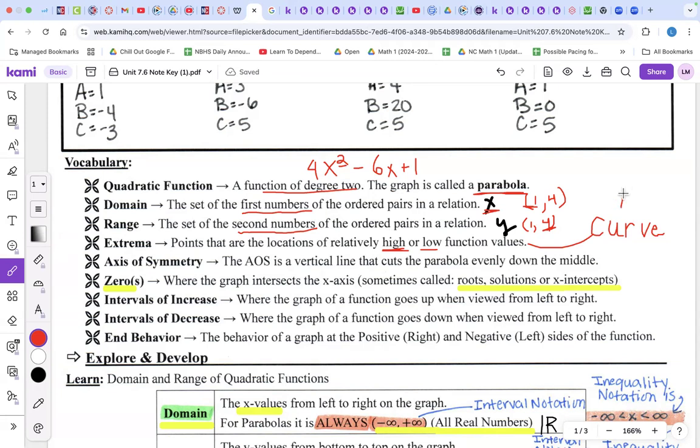If the curve is up, then it's called high. If it's down, it's called low, but there's a new name for them. We're going to get to those names. All right, we have an axis of symmetry. It's a vertical line that cuts the parabola evenly down the middle.